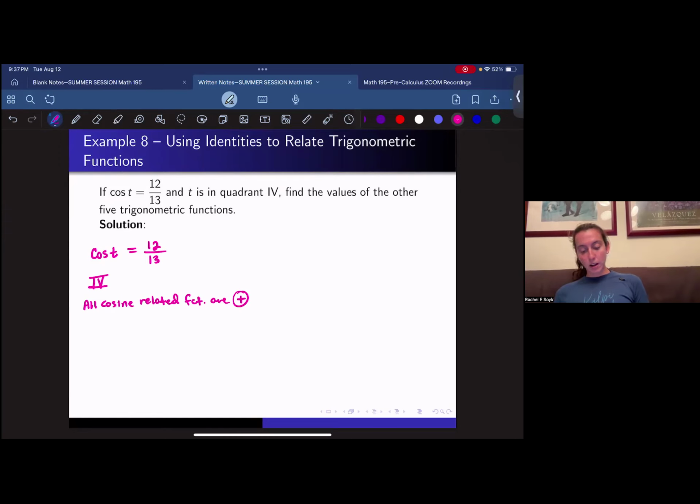And we want to find the values of our other 5 trig functions. So what is our sine of t? What is our tangent of t? What's our cosecant? What is our secant? And then what is our cotangent?